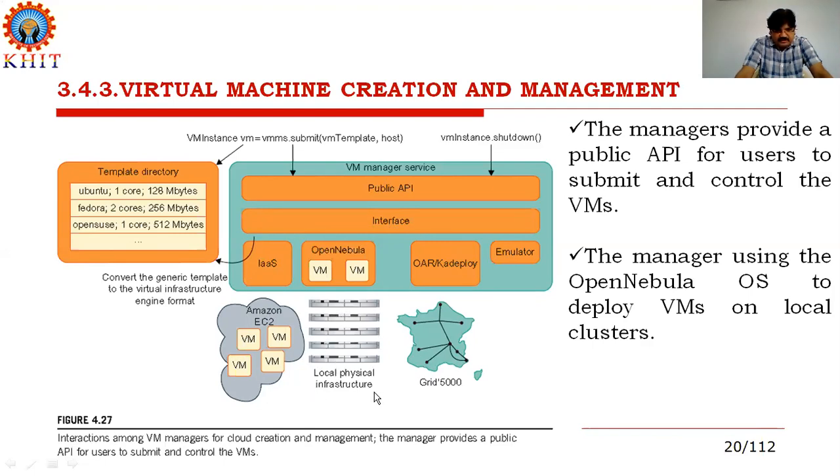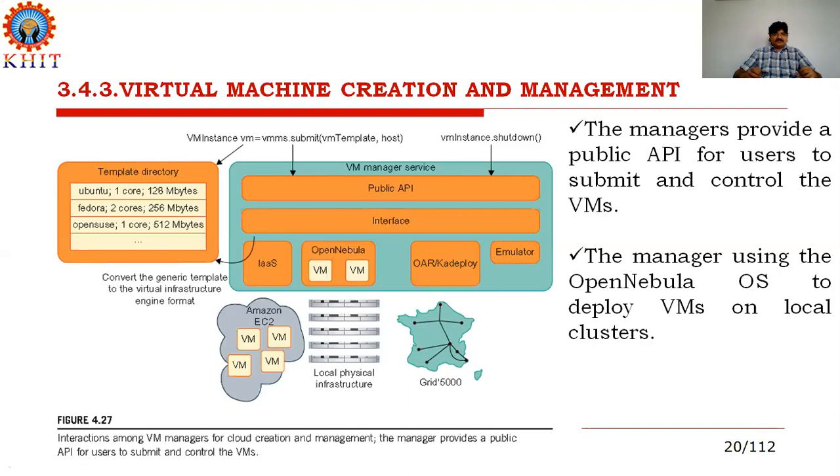This is also considered as a virtual machine, and Grid 5000. The virtual machines will be placed in various remote locations. These are well connected through grid networking, which is considered as Grid 5000. These three are considered as virtual machines based in three different locations, and we can provide the communication.